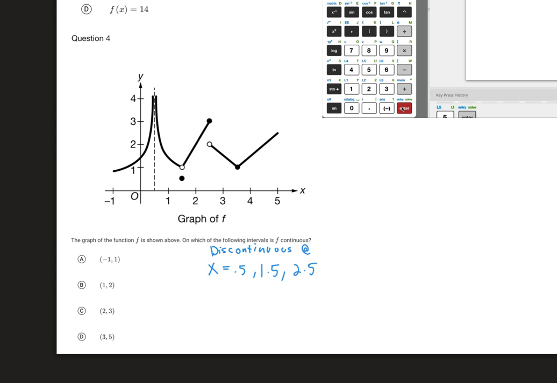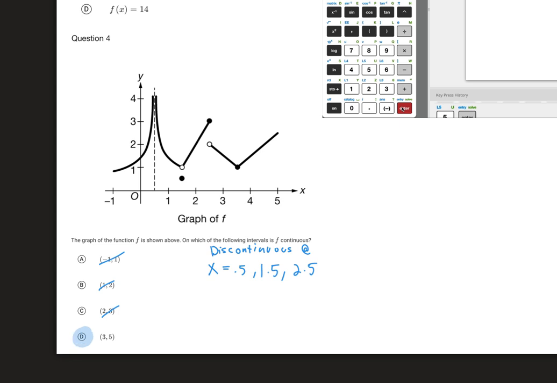Okay, so we're looking for an interval that doesn't contain any of these points. Notice this first interval contains 0.5, right? 0.5 is between -1 and 1, so it's not that. The next one contains 1.5, so it's not that. The next one contains 2.5, so it's not that.